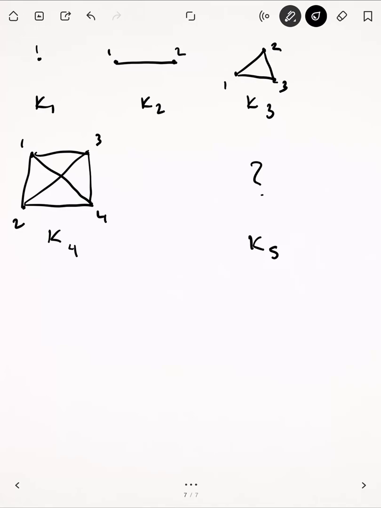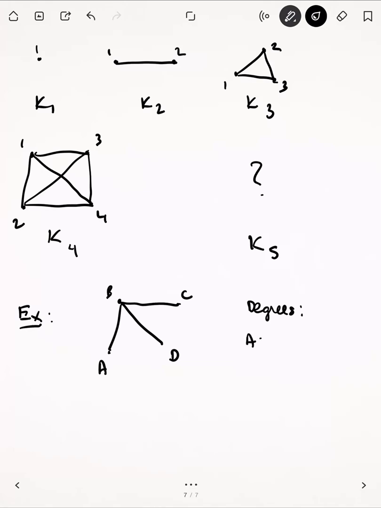Let's look at our favorite example again. Let's go back to this example here, and let's write the degrees.